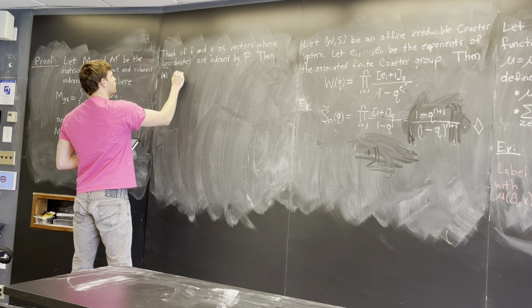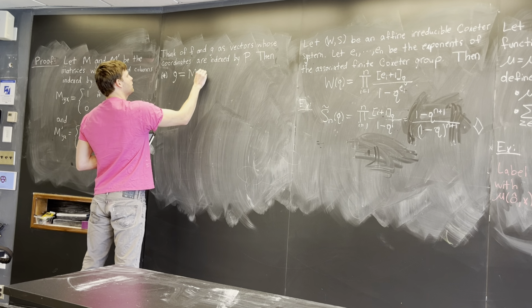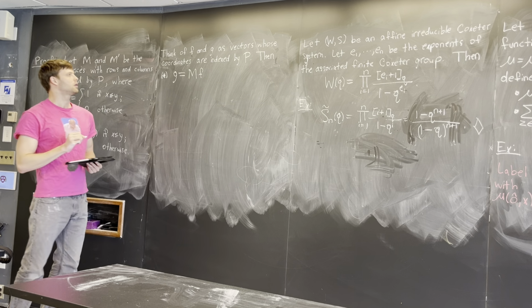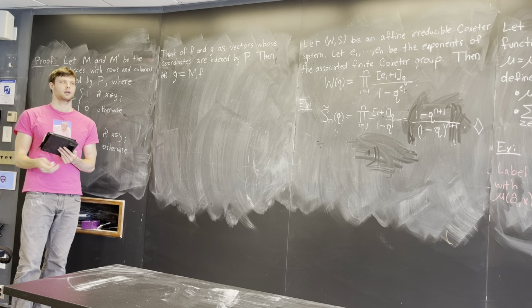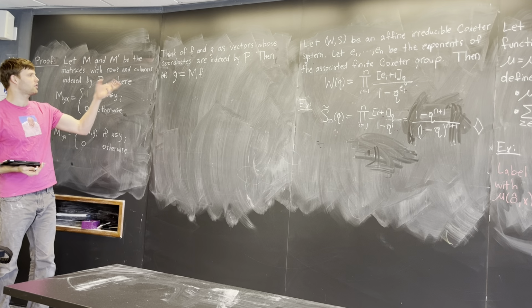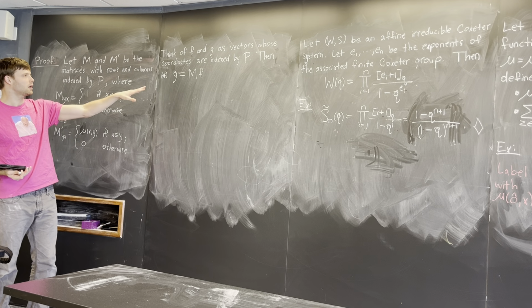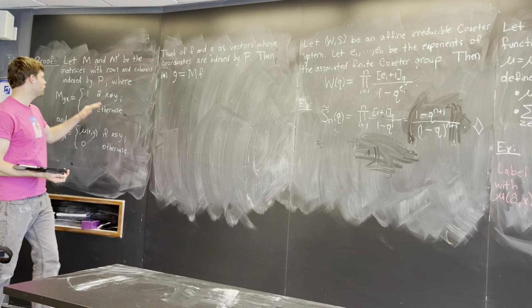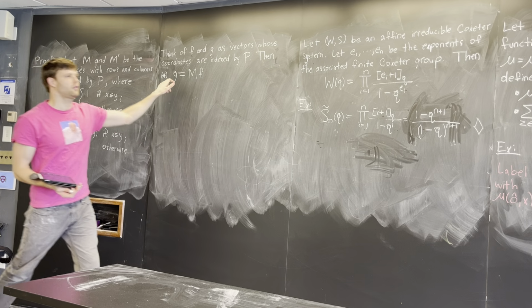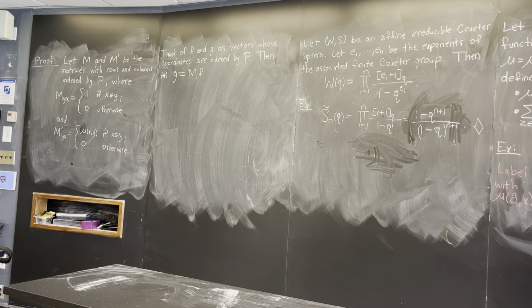So g, thought of as a vector, is the matrix M applied to the vector f. So if you sit down and think about what matrix multiplication is actually doing, and think about the definition of M, this is exactly this. Okay?